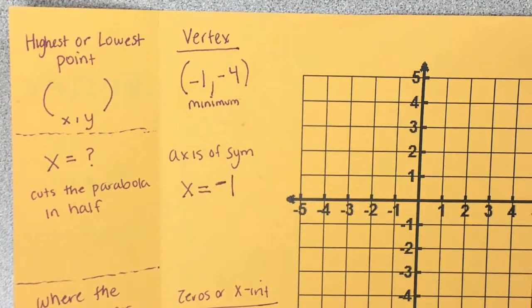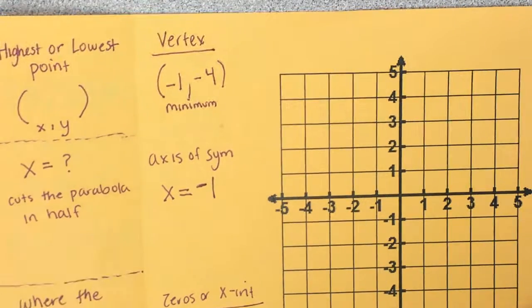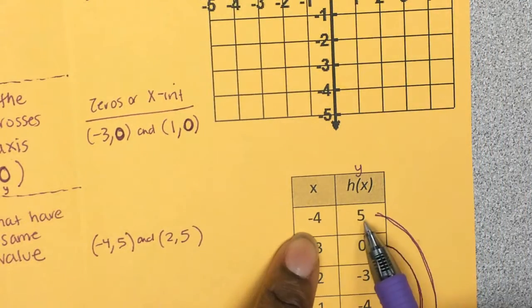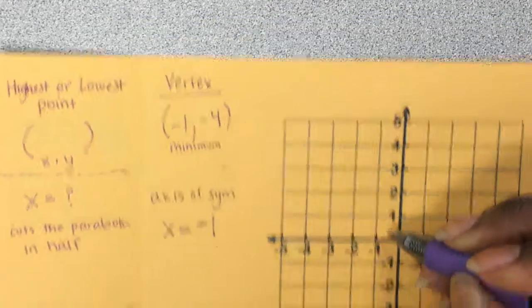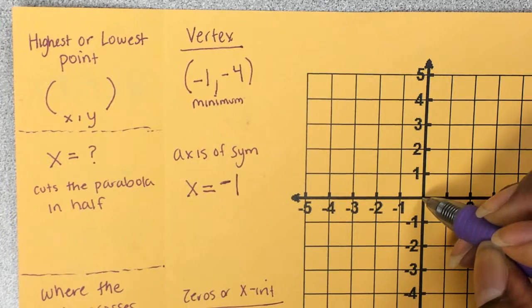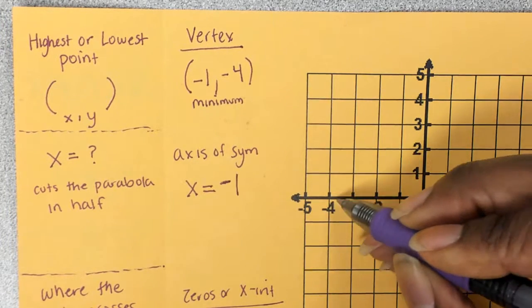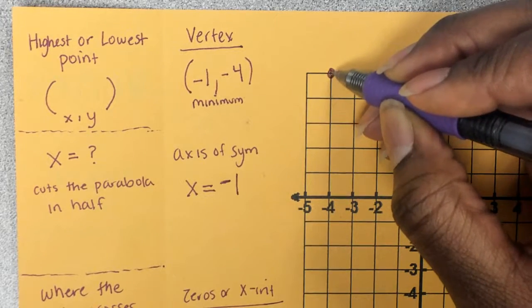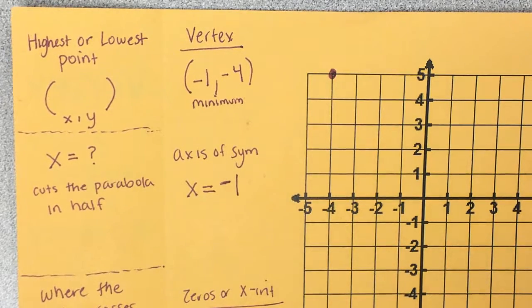Now we're going to plot the points and label everything on the graph. So first point to plot is what? -4, 5. Thank you. So -4, up 1, 2, 3, 4, 5. That's my first point.